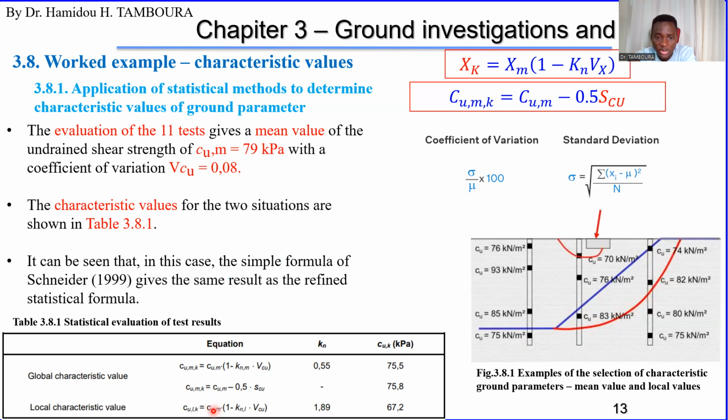This is the average, the mean shear strength, which is 79, times 1 minus Kn, Kn is 1.89 here, and multiply by VCu. VCu is 0.08. Okay, then you will obtain 67.2.